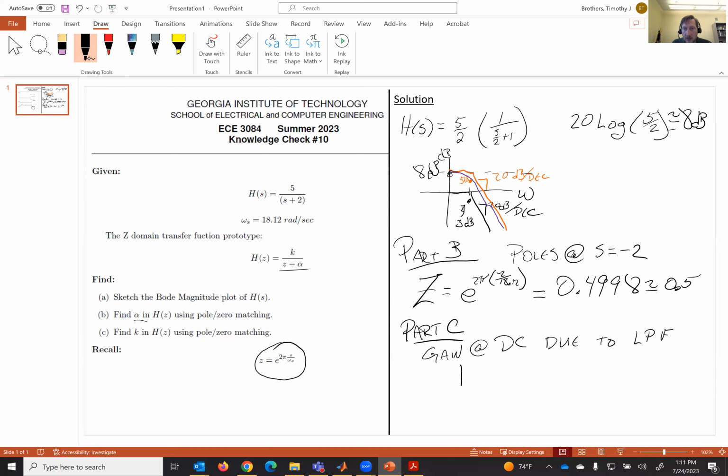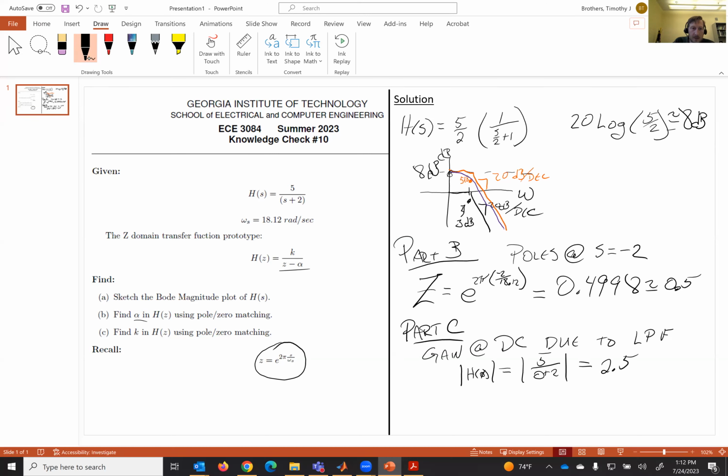So we're going to say the absolute value of H of 0 is going to be equal to, and then we plug S of 0 into here. That is going to give us the absolute value of 5 divided by 0 plus 2, which is going to be 2.5. So that's what we want our gain to come out to be.